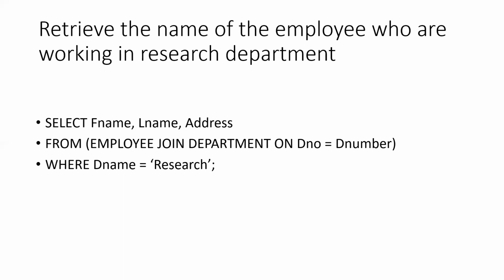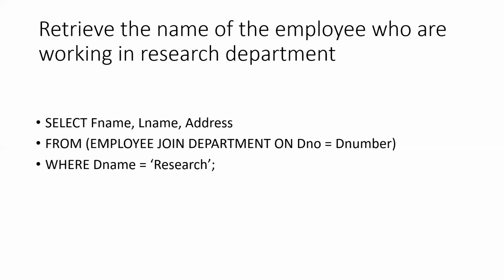That means select first name, last name, address from employee join department on department number equal to D number, where D name equal to research. Here inside SQL server, the attribute department number of the employee relation is joined with D number of the department table.